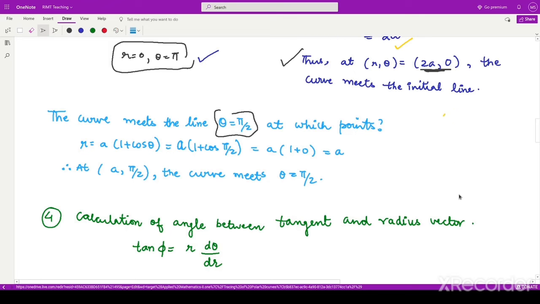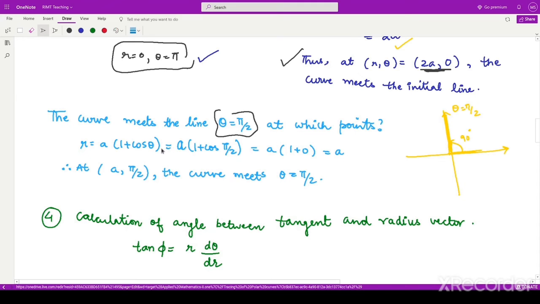So what is this line? This line is this vertical line, theta is equal to pi by 2, because we always start measuring our theta from the initial base line. When you measure theta from here, it would be 90 degrees, pi by 2. So we will see at what points your curve meets this particular axis.